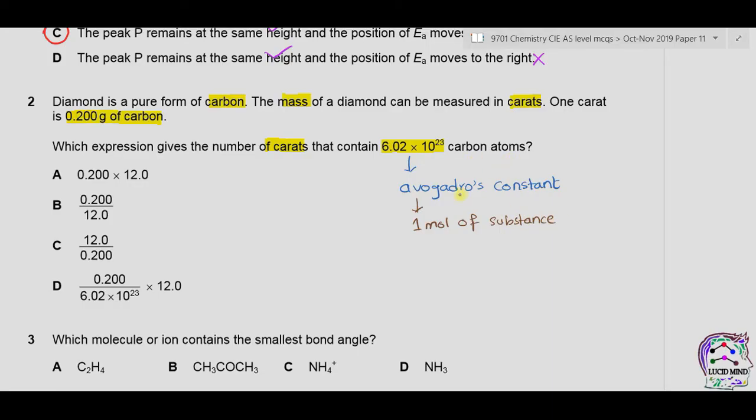In this case we have carbon, so 1 mole of carbon will be equal to 12 grams as the atomic mass of carbon is 12. Now let's find the number of carats.